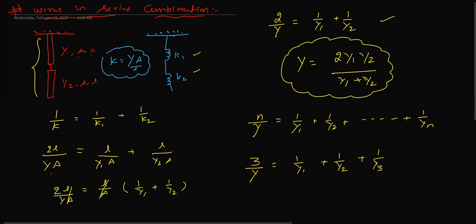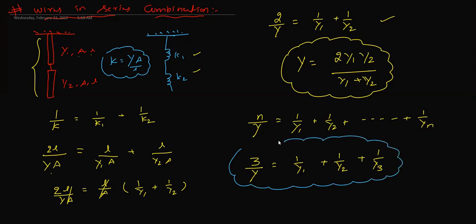This is how we can generalize this formula for 2 wires, 3 wires, 4 wires, up to any number of wires. This is an important formula which we have to remember for series combination: n by y equal to 1 by y1 plus 1 by y2 plus up to 1 by yn.